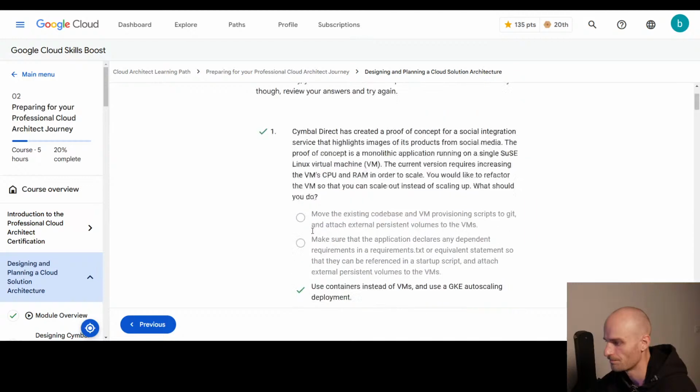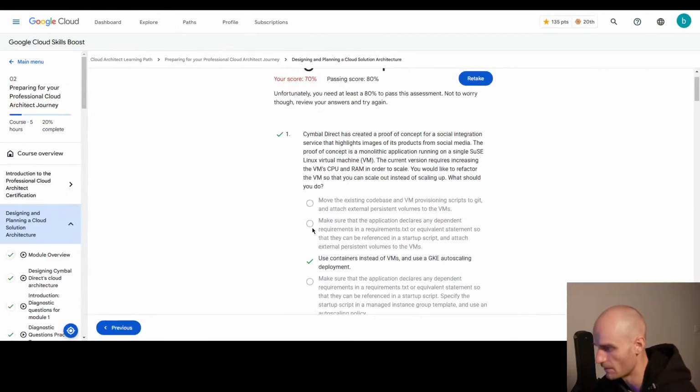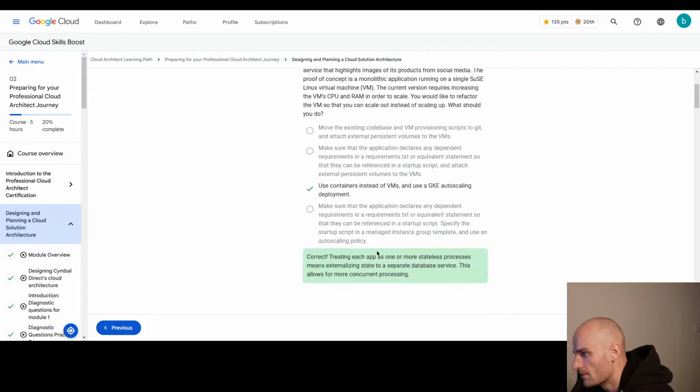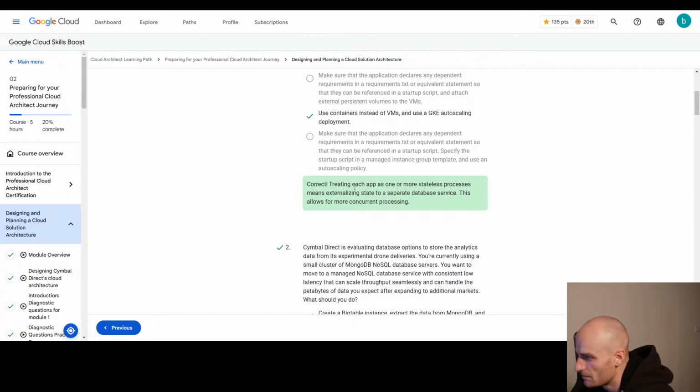Oh. Okay, let's remember. The first question was about scale out and scale up. It's correct to use the GKE autoscaling deployment, as this respects the containerizing and managing and highly available requirements.